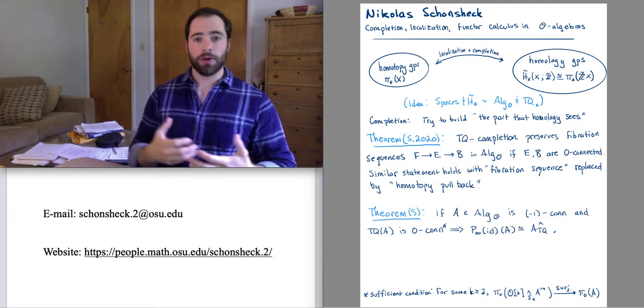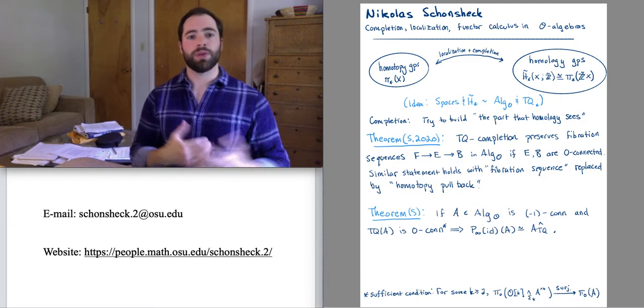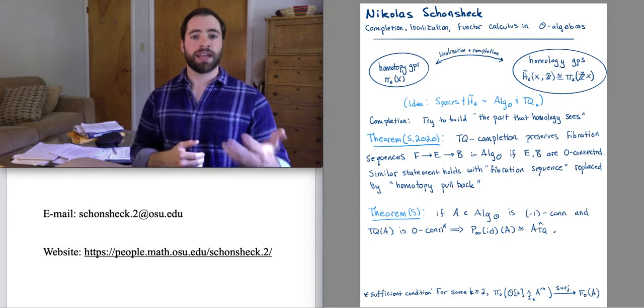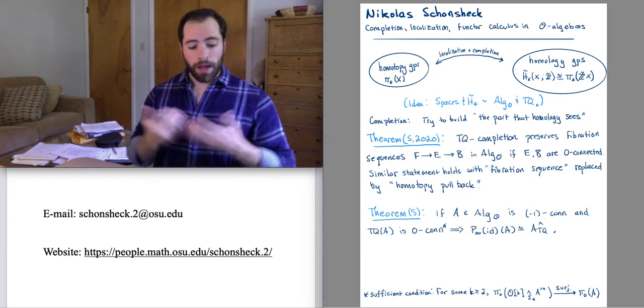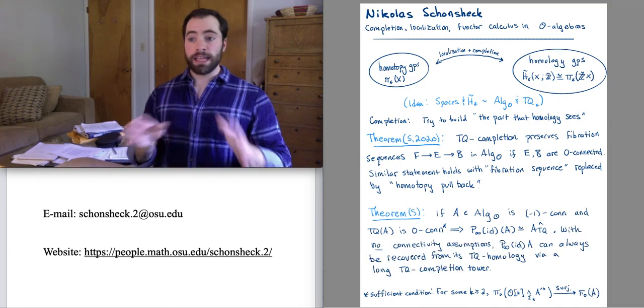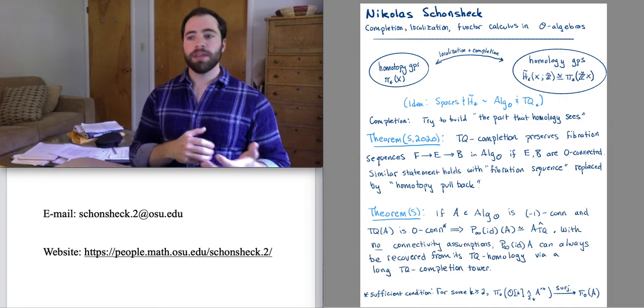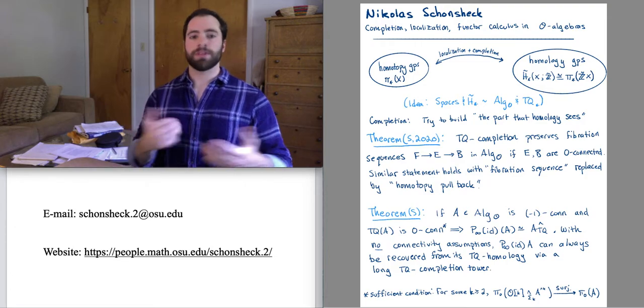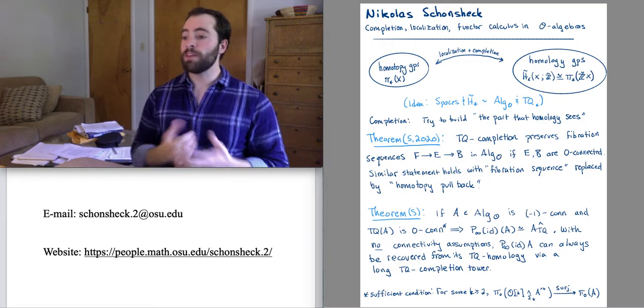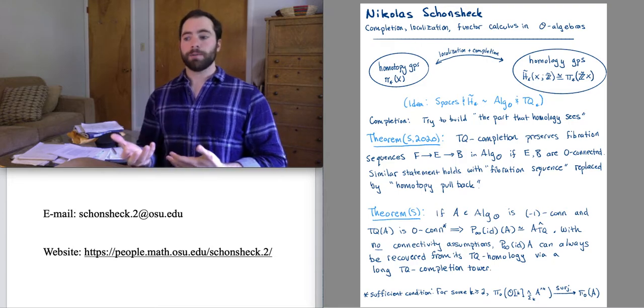And by taking holim in two different directions, we get a zigzag of weak equivalences between P infinity of the identity and TQ completion. I'm also able to show that without any connectivity assumptions, P infinity of the identity can always be recovered from its TQ homology, via a long TQ completion tower.